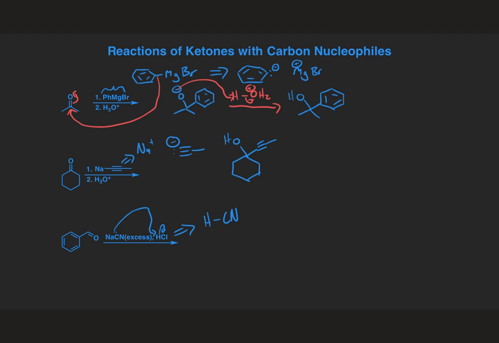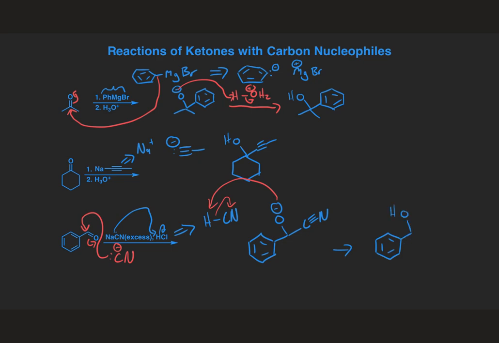The second equivalent, though, we've got a CN minus in solution, is going to attack the carbonyl to give this reagent, or this intermediate, and then HCN, which I just formed, is going to protonate the O minus to give this final product, which is known as a cyanohydrin.